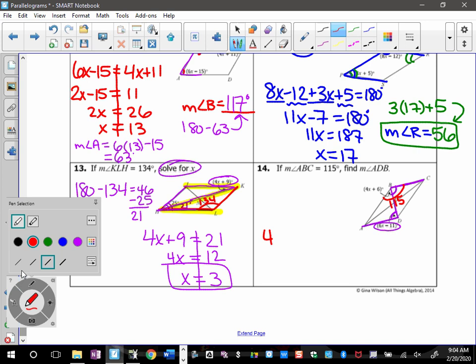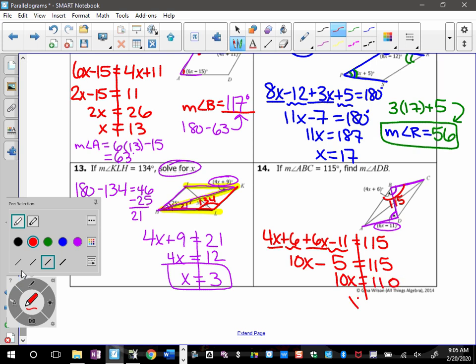So I can say 4x plus 6 plus 6x minus 11 equals 115. 4 and 6 is 10x minus 5. Add 5, I have 10x equals 110. X is 11. They want angle ADB. Okay, well, here's ADB. So 6 times 11 minus 11, 55.